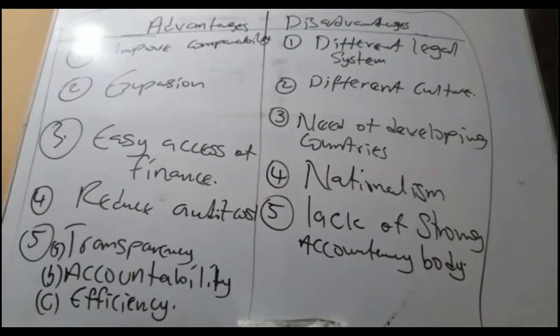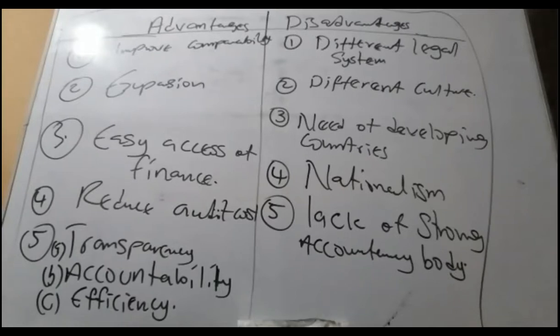So if that country's accountancy body is not strong enough, they might not be able to handle the IFRSs adoption well.